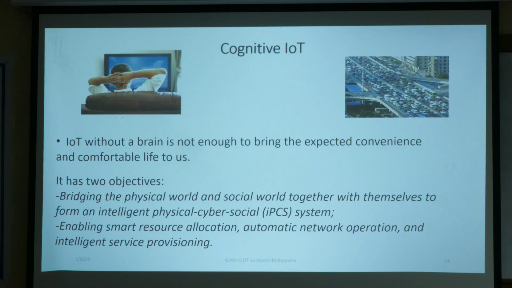Cognitive IoT has two objectives. One is bridging the physical world and social world together. Then enabling smart resource allocation, automatic network operation, and intelligent service provision. They all come in the broad scope of the objective of cognitive IoT.